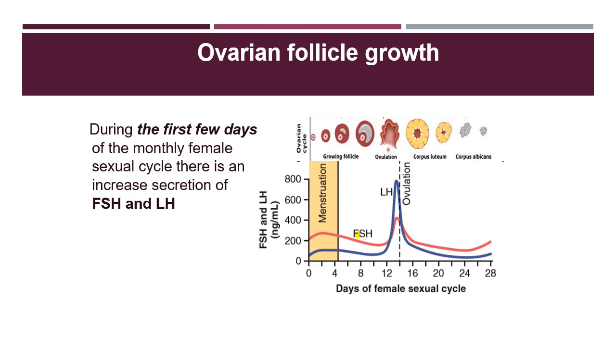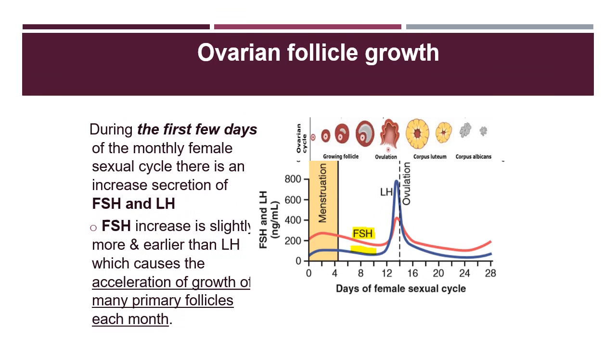For example, during the first few days of the monthly female sexual cycle, during the first 2 weeks, there will be an increase in the secretion of FSH in the red line and LH in the blue line, where we will have slightly more FSH than LH. And this results in an acceleration of the growth of many primary follicles each month.